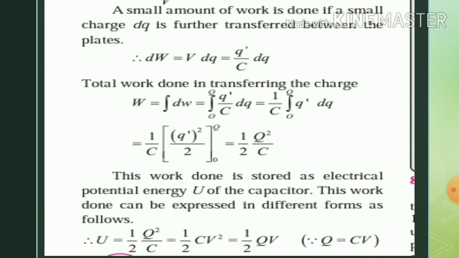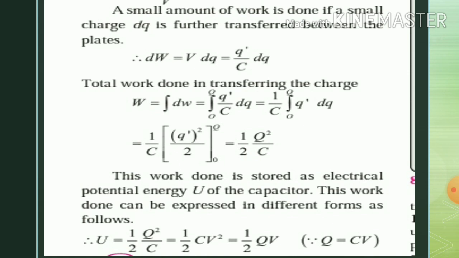And the last form of electrostatic energy of the charged condenser or capacitor is capital U equals 1/2 Q into V. This third form is in terms of charge and potential.